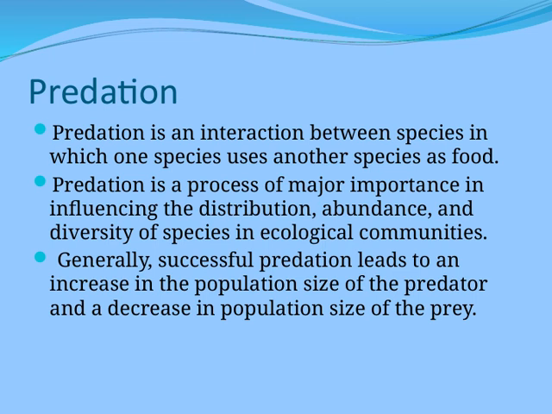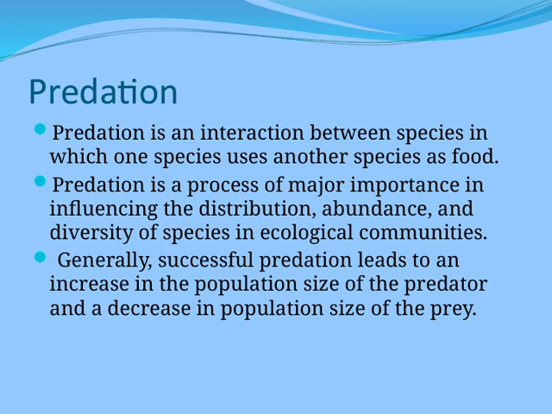Let's talk about predation. Predation is an interaction between species where one species, the predator, uses another species, the prey, as food. It's a crucial process in ecosystems because it directly influences which species thrive and how they are distributed across different environments. Predation plays a major role in shaping the diversity and abundance of species within ecological communities.